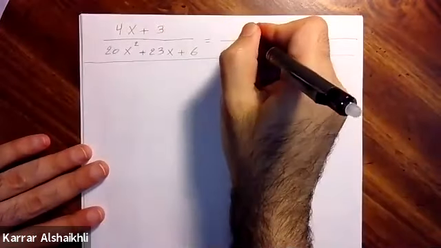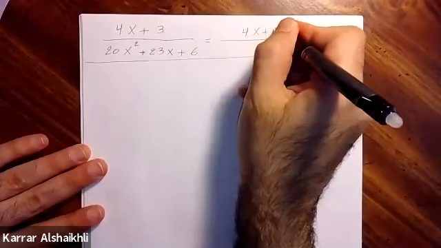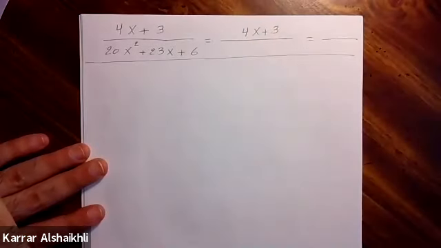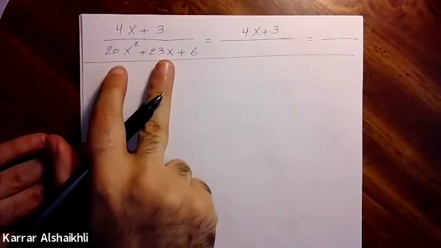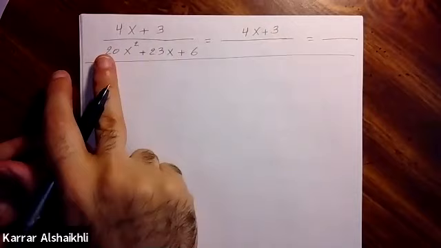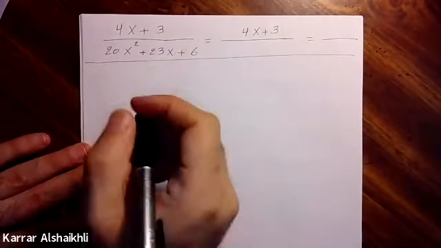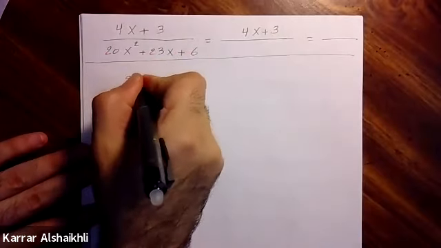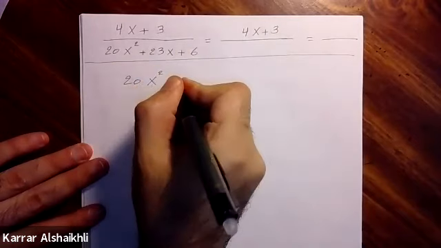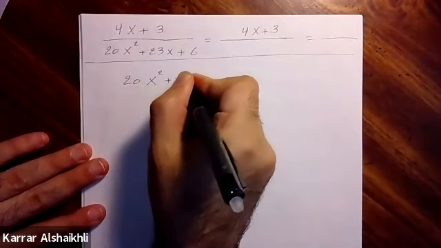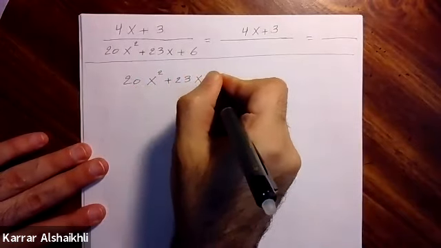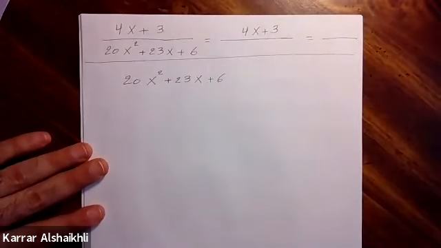So I'm just going to write down exactly the same thing. I'm going to work on the bottom part here because I have 3 terms. So I'm going to write down 20x squared plus 23x plus 6.